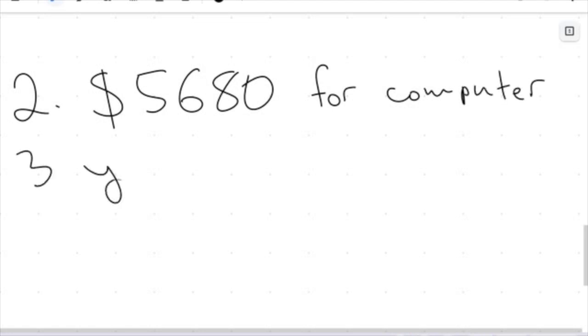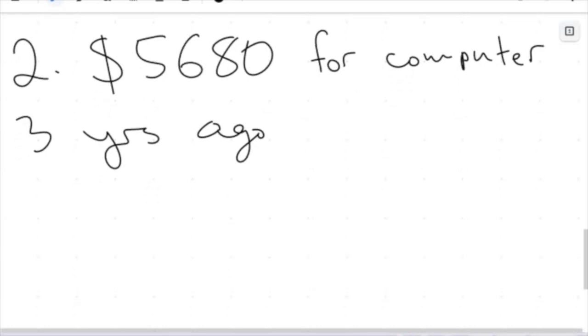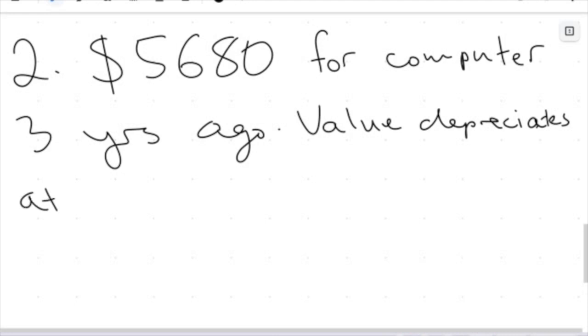Okay, so you paid this, and we assume, for example, that the value of the computer depreciates at a rate of 25% per year.